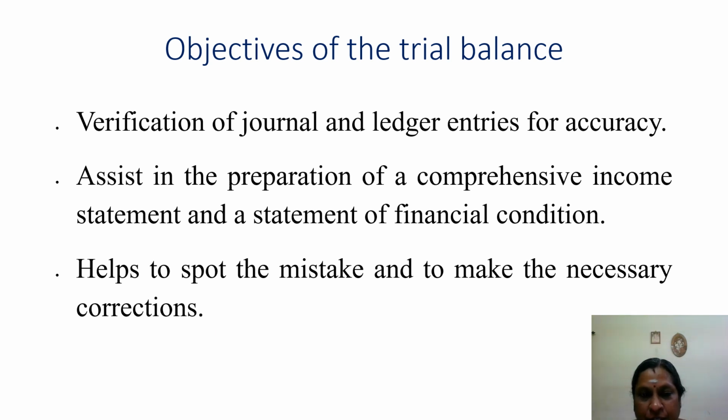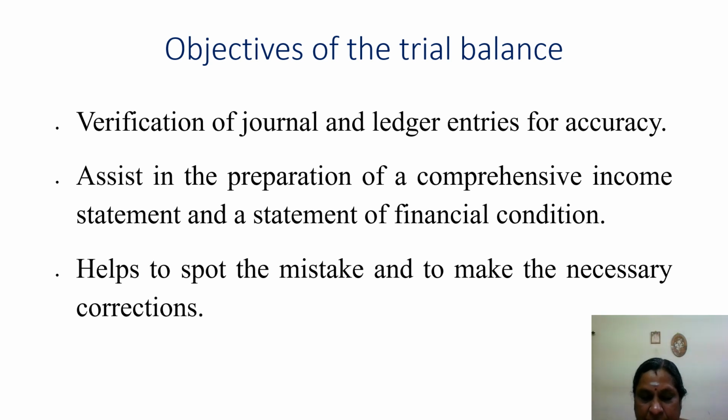So journal entries are posted and the ledger is prepared with the help of the journal. When we verify the ledger accounts, we also check the balances of the journal entries and the balances of the ledger account. If anything is missed out, we will come to know, and that can be rectified later.